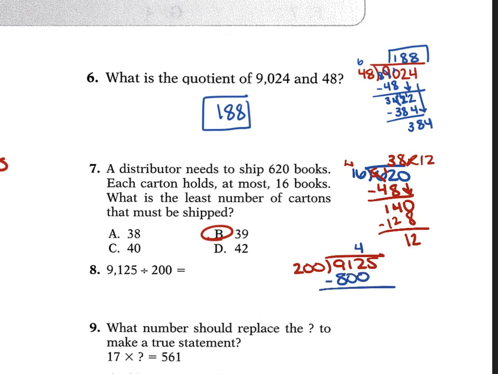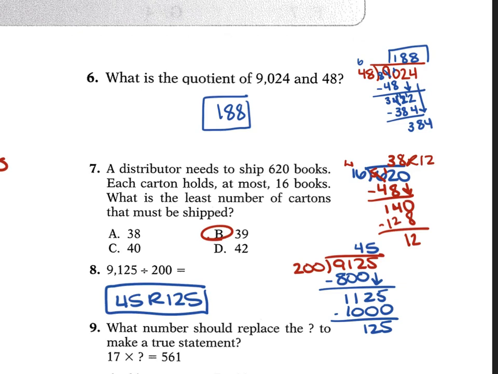So we subtract these two. We are left with 112. We bring down the 5. 2 times what is close to 11, it would be 5. 5 times 200 is 1,000. We subtract this, we get 125. So this is 45, remainder 125.